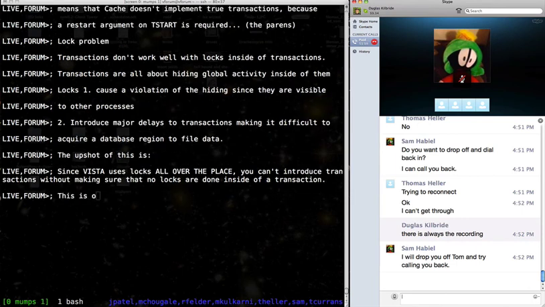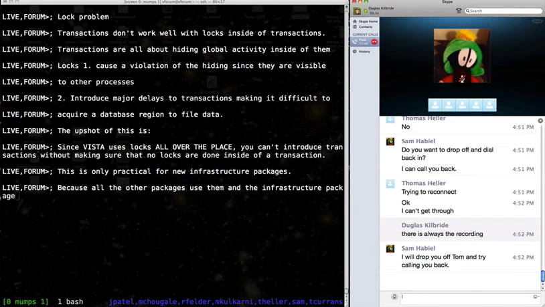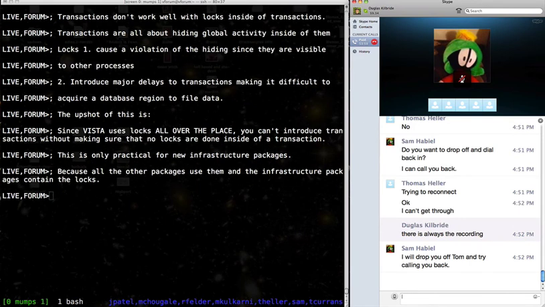So this is only practical for new infrastructure packages, because all the other packages use them, and the infrastructure stuff contains the locks.